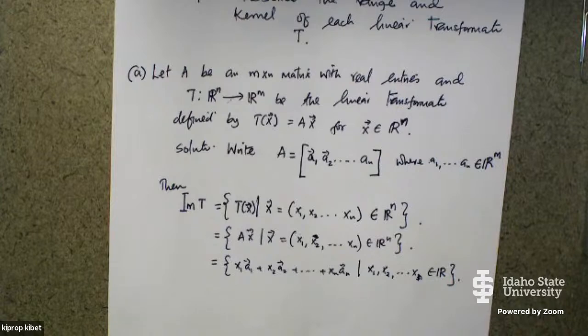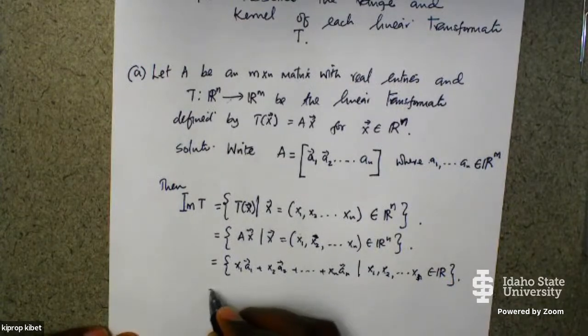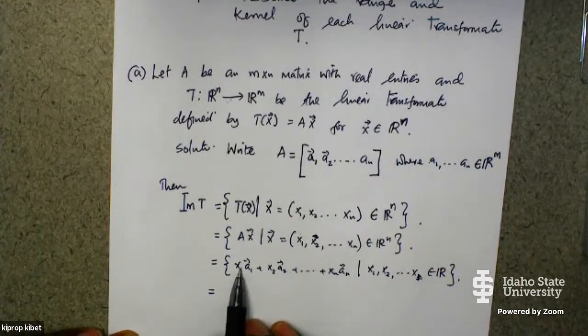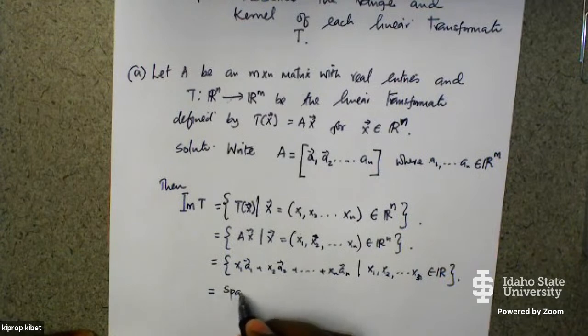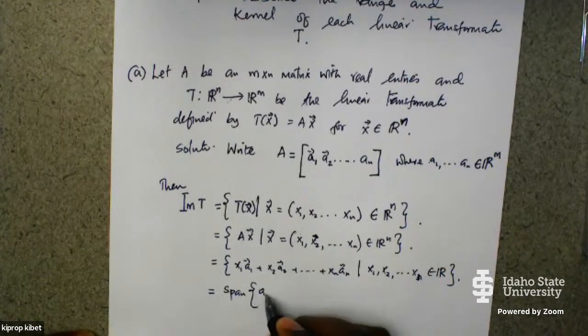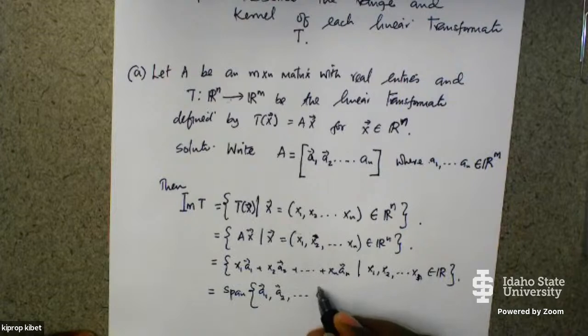Then therefore, if these are the solutions X1, X2, Xn, this is equal to the span of the vectors A1, A2, all the way to An.